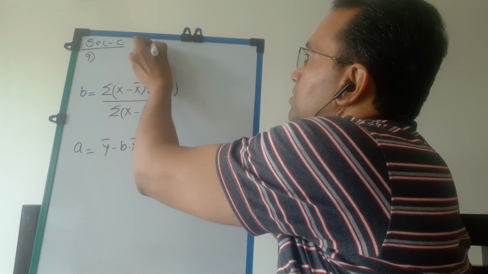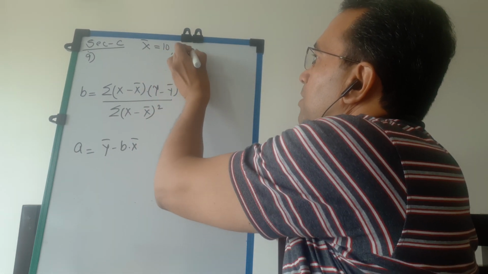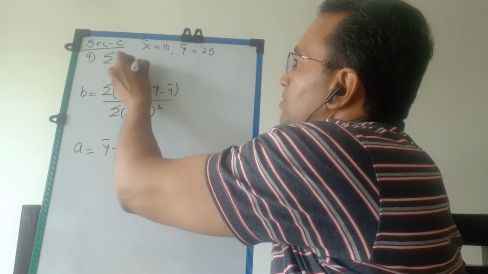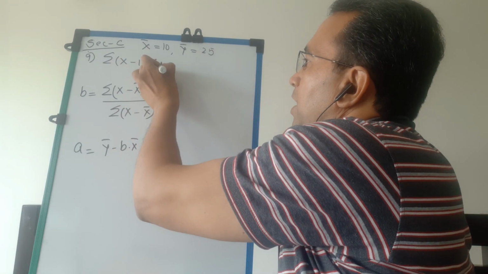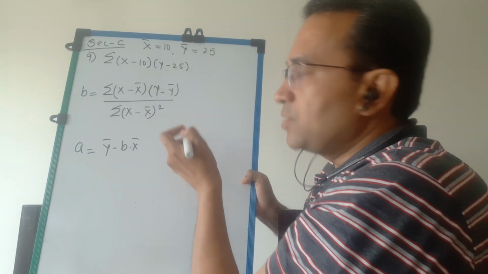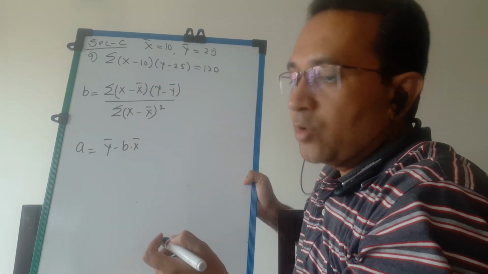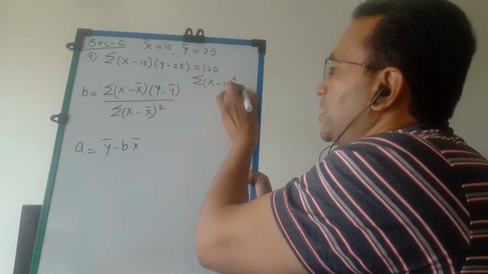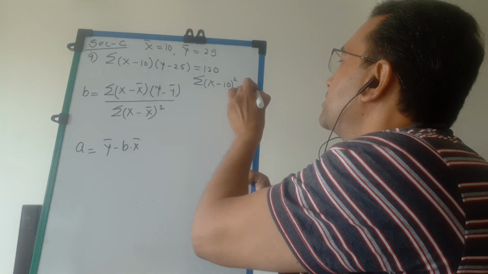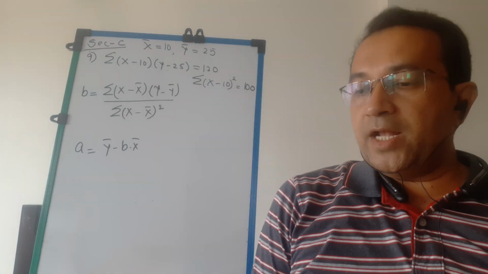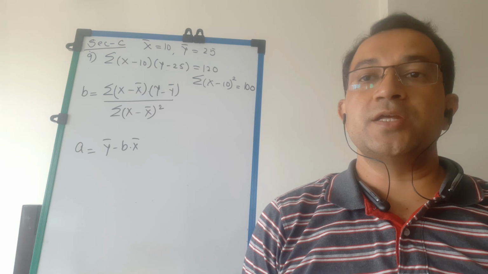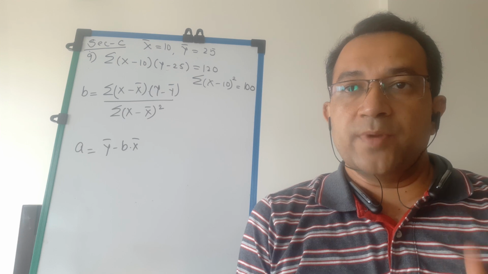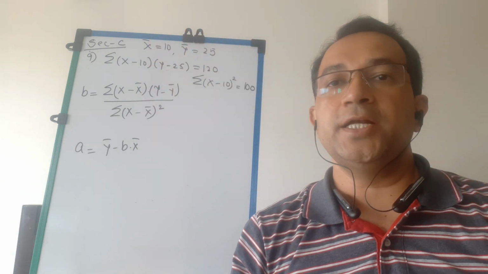Given is x bar is equal to 10, y bar is equal to 25, sigma (x minus 10) into (y minus 25) is equal to 120, and one more information, sigma (x minus x bar) whole square is given as 100. Find the values of constants a and b for the regression line of y on x. Students, x bar and y bar you can check, both are integers.